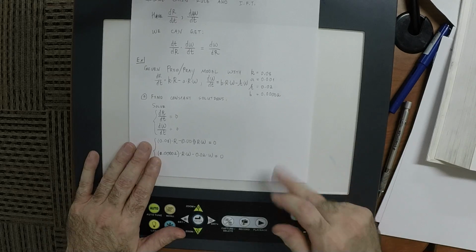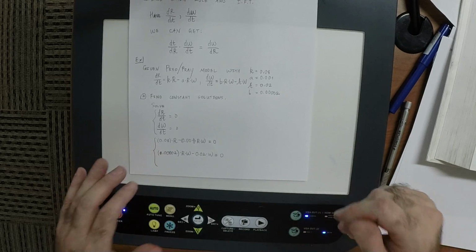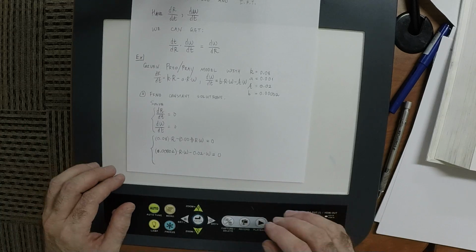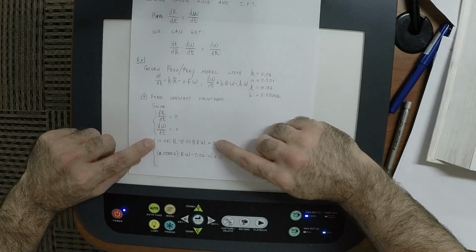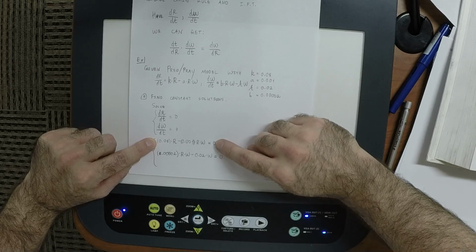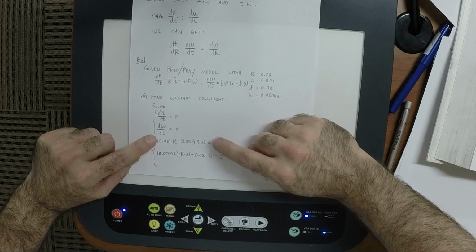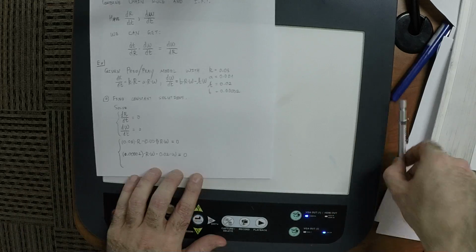All right. So there's some trivial solutions. What I mean is solutions that in some sense aren't interesting. Because of the way this is structured, we could factor out an R, right?